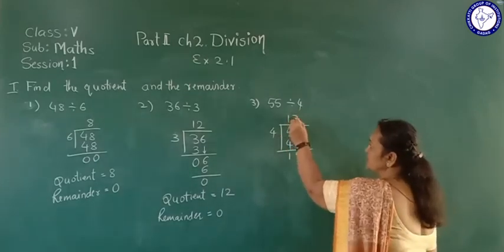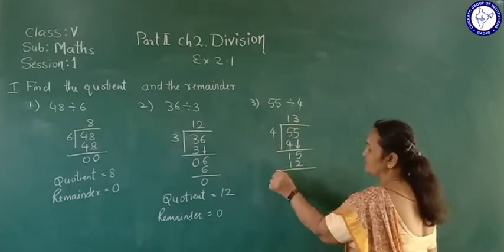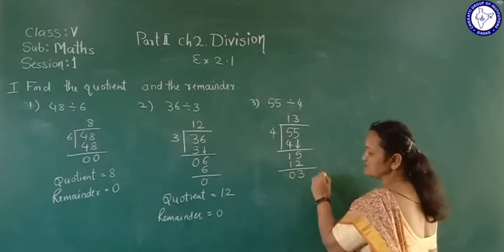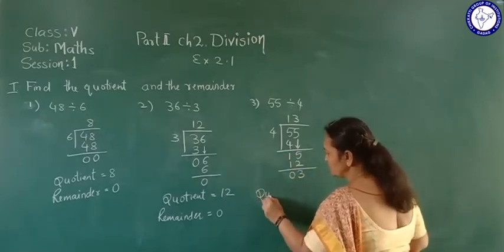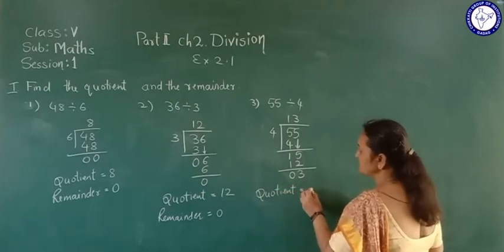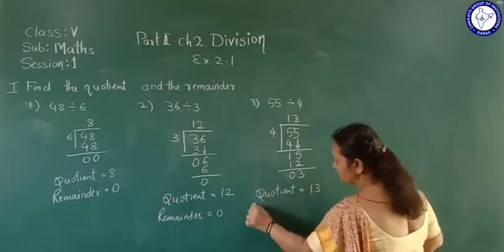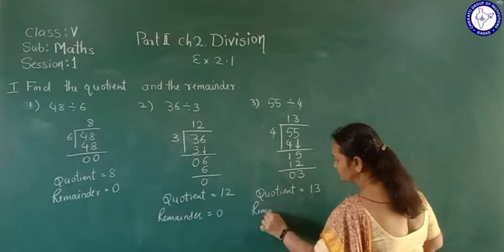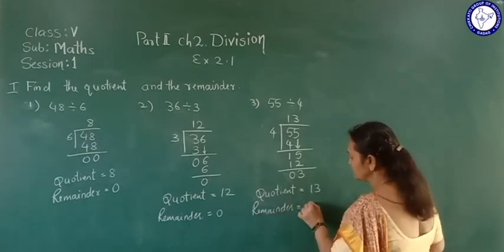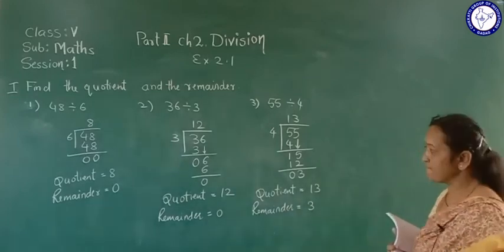So 4 threes are 12. What is 5 minus 2? It is 3. And 1 minus 1 is 0. So here the quotient is 13 and the remainder is 3.